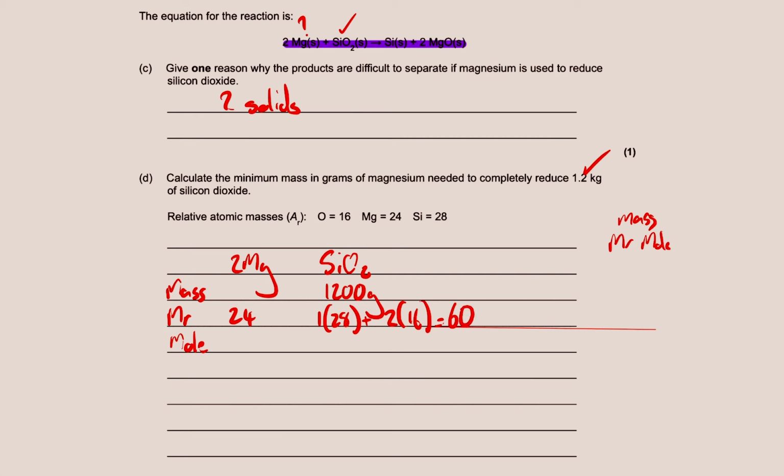Once we've got there, to work out our moles, mass divided by Mr. And that gets us to 20. Then we're going to go from there to there. So we've got 1 lot of SiO2, 2 lots of magnesium, so I need double the moles.